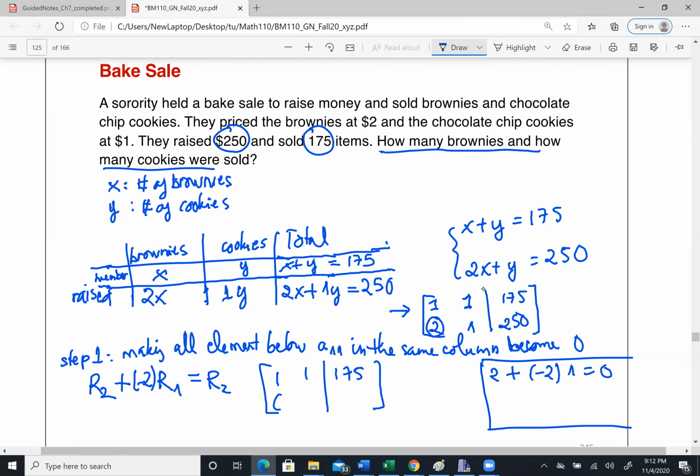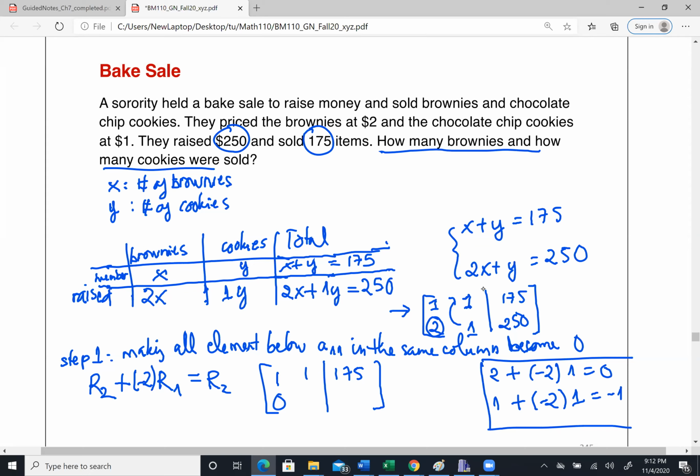So 0. Number 1 plus -2 multiplied by 1 equals 1 minus 2, equal to -1.